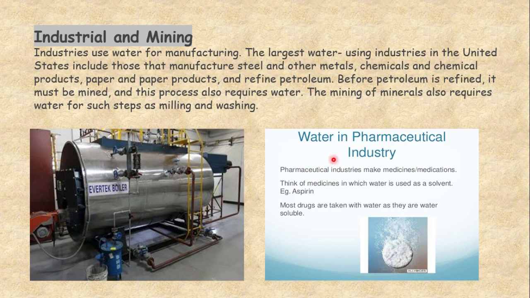Like in some pharmaceutical industries, in the preparation of medicines, water is used as a solvent, like aspirin. You have seen this medicine. It dissolves in water readily. So water is used in industries as a solvent or to produce heat, like in boilers.